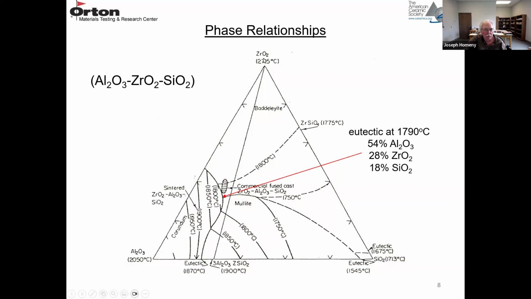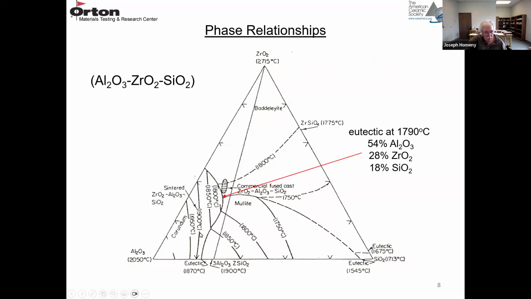The binary for zirconia and alumina, there are no compounds here. And then the binary for alumina silica, we have mullite, which we discussed. So there's one compound here, 3Al2O3, 2SiO2, that's mullite.